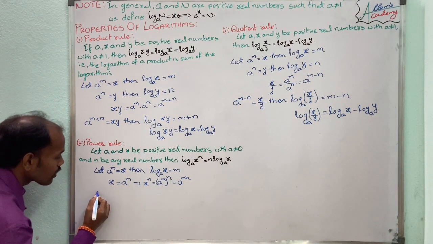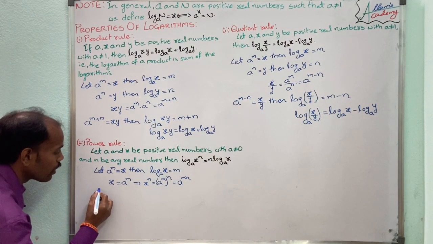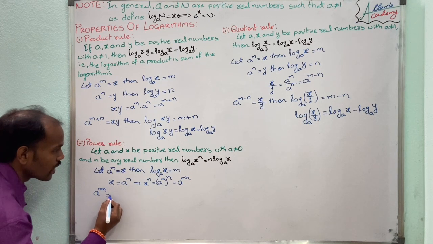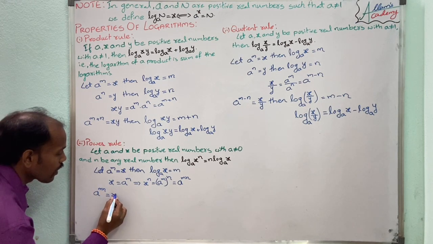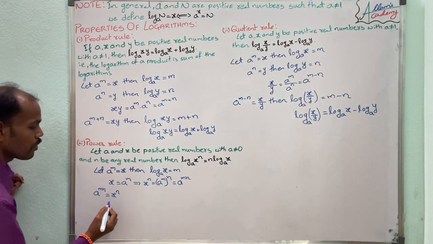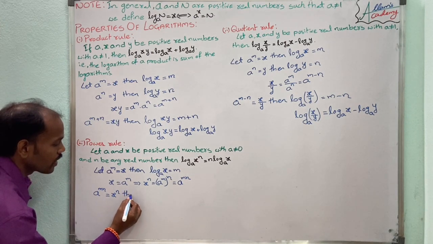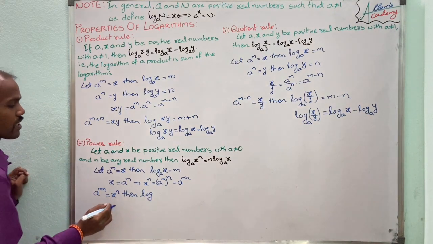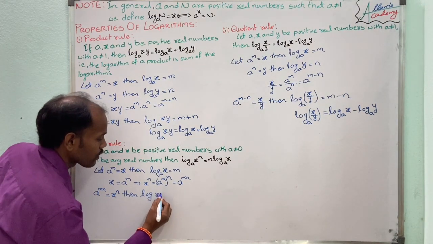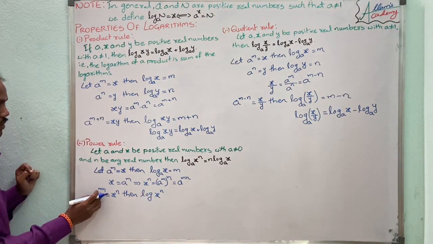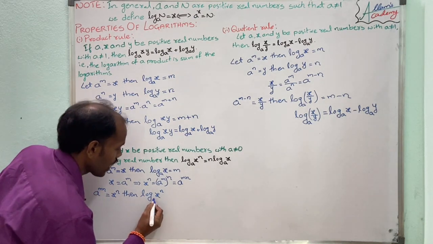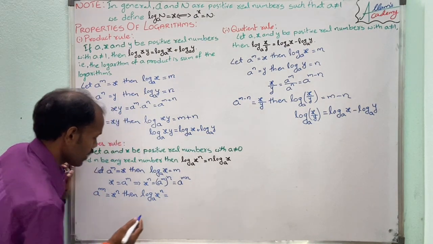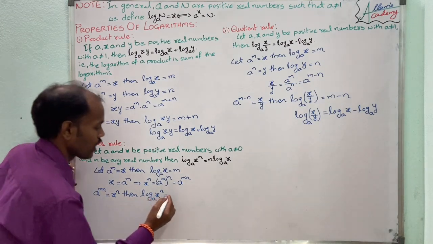So now a power mn is equal to x power n. Writing this exponential form in logarithmic form, the result is x power n, the base is a, and the exponent is mn.